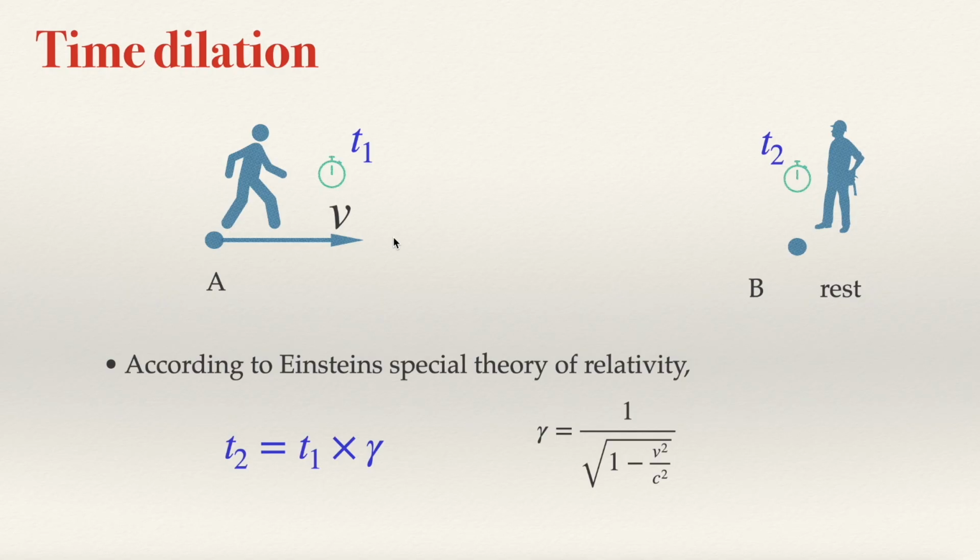Let's say initially they are both at rest, at time t equal to 0, and at t equal to 0, A starts moving at a velocity v with respect to B. After some time, since time is relative, observer A reads a time t1 and observer B reads a time t2 on his clock.